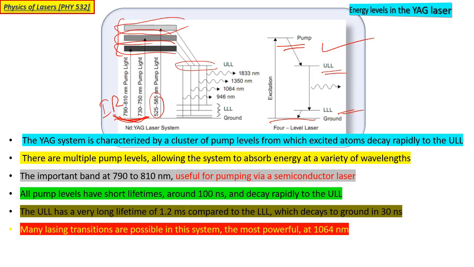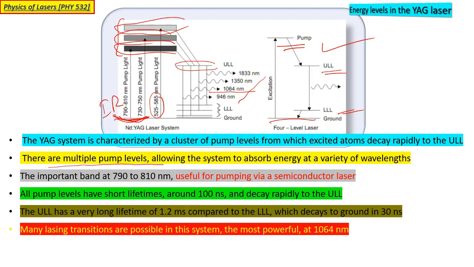There are a number of possibilities for the emission wavelength, but the most common and most easily achievable is 1064 nanometer. There are some points mentioned here, and I also explained them somewhat.